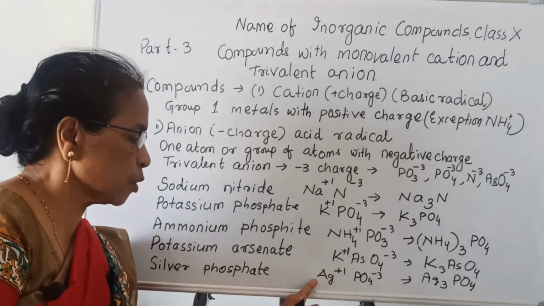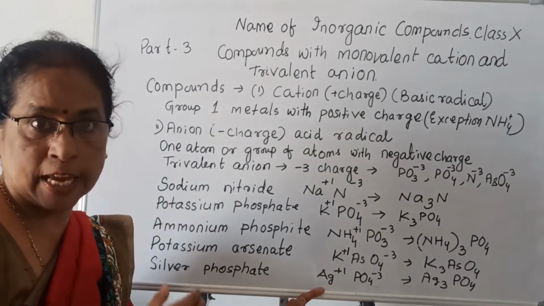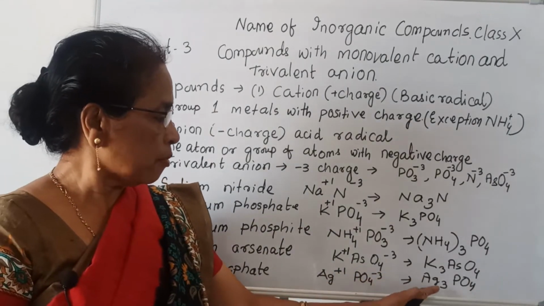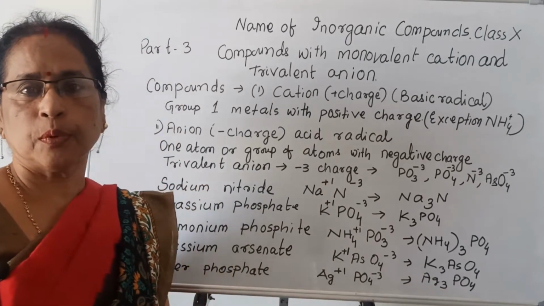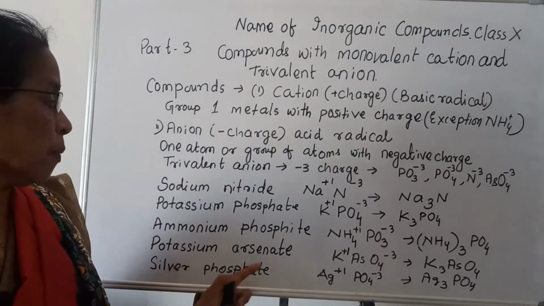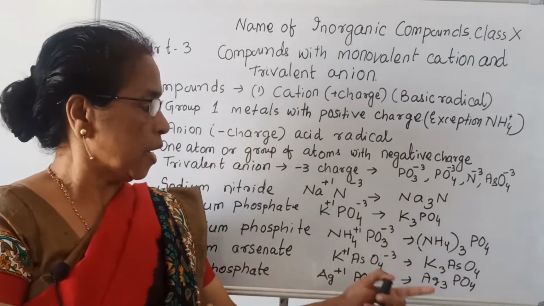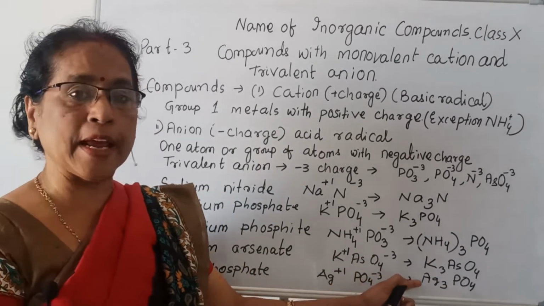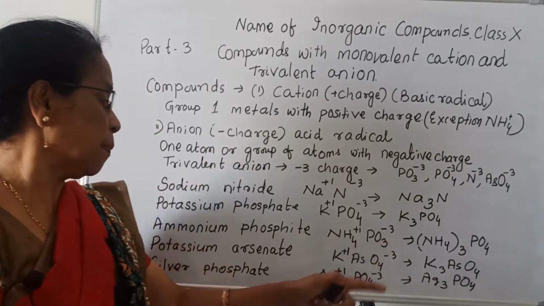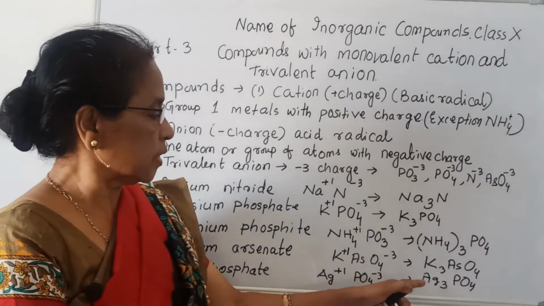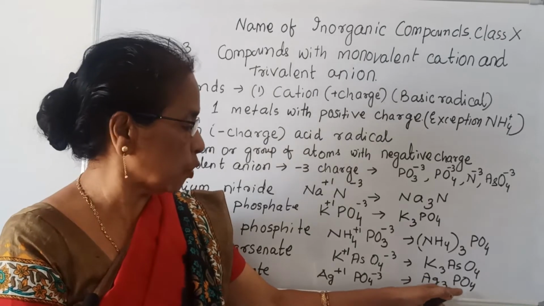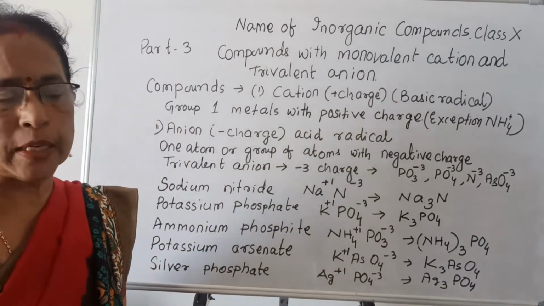That means the 3 comes here towards Ag. That is why the formula is Ag3PO4. What is the formula of silver phosphate? Ag3PO4. If somebody asks what is the name of Ag3PO4, you can say silver phosphate because we know phosphate has minus 3.